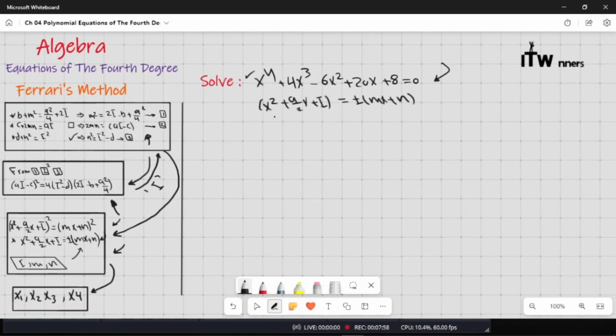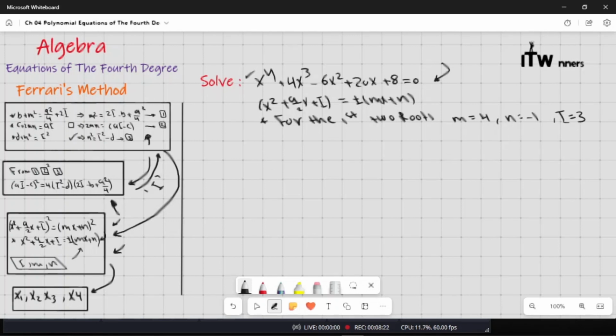Okay, so for the first two roots, we have here m equal to 4, n equal to negative 1, and I equal to 3.